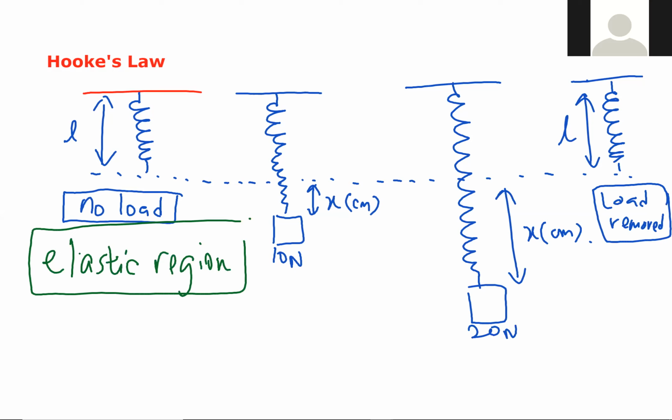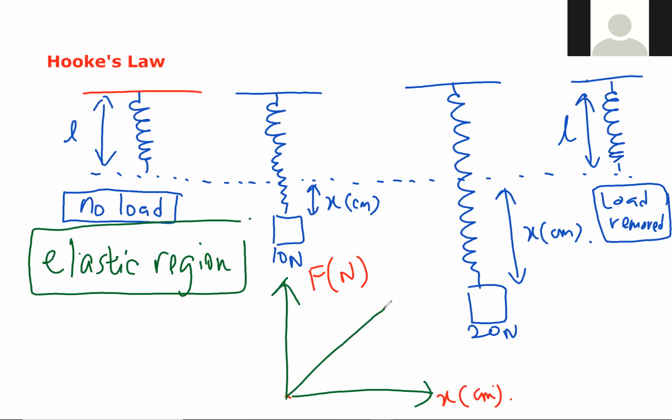Now, from here, if I plot a graph of force and extension, with force on the y-axis, unit N, and extension on the x-axis, unit cm, you will notice that you get a straight line.